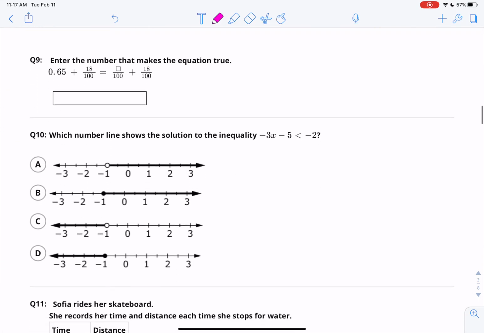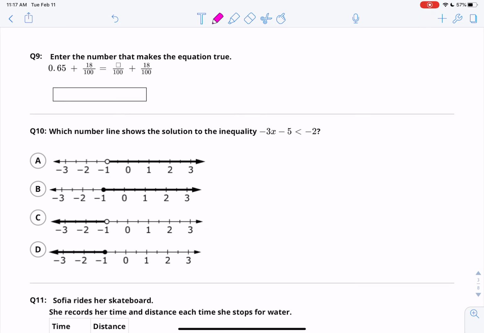All right, number 9. Enter the number that makes the equation true. So remember, they just want to know what number is missing in the box. And we have 18 over 100. We have the plus, so that means that they changed the 0.65 into a fraction.